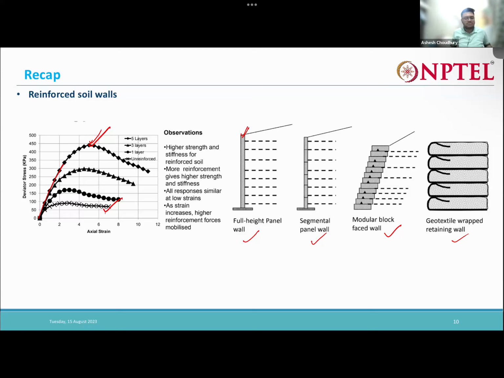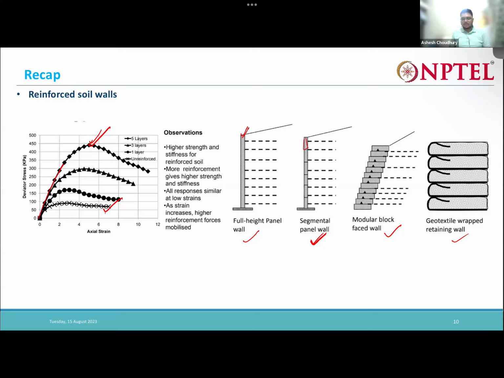Whereas the segmented panel wall is made up of certain smaller segments. These are easier to construct because they are easier to place, and they allow some movement between the panels, so there are fewer chances of failure.